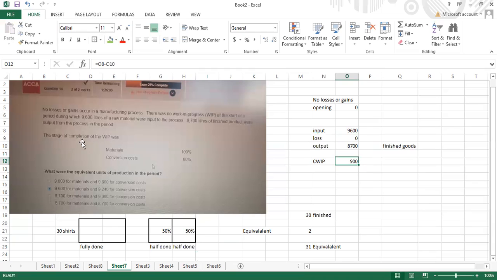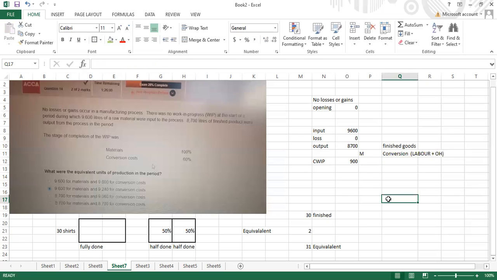The stage of completion of the work in progress was material 100%. So you can write here from material point of view, and from labor point of view. You can say labor or conversion. Conversion costs means labor plus overheads.